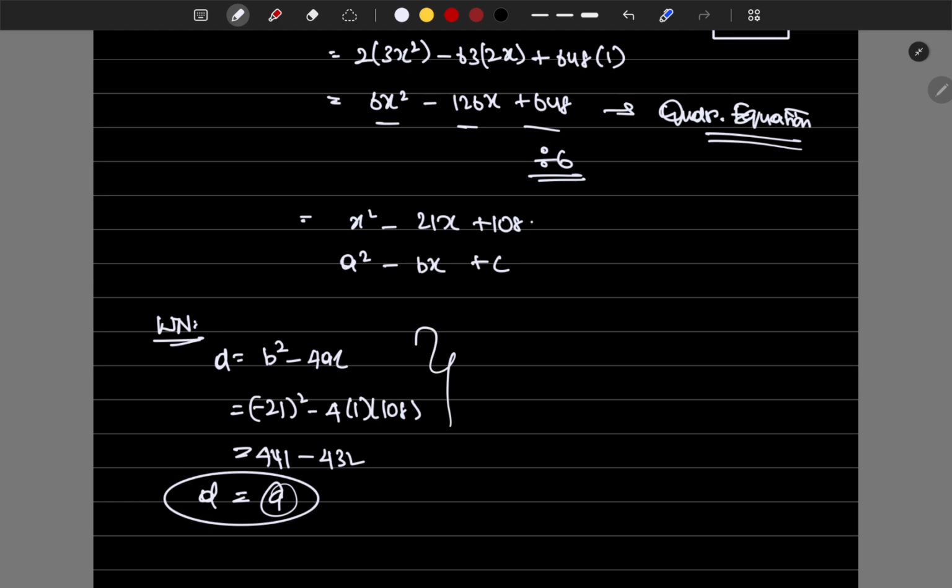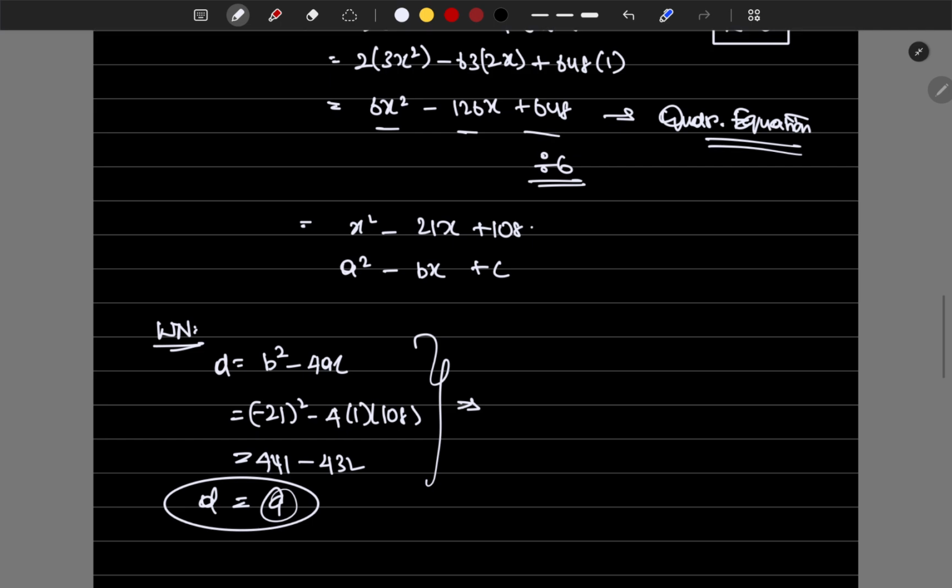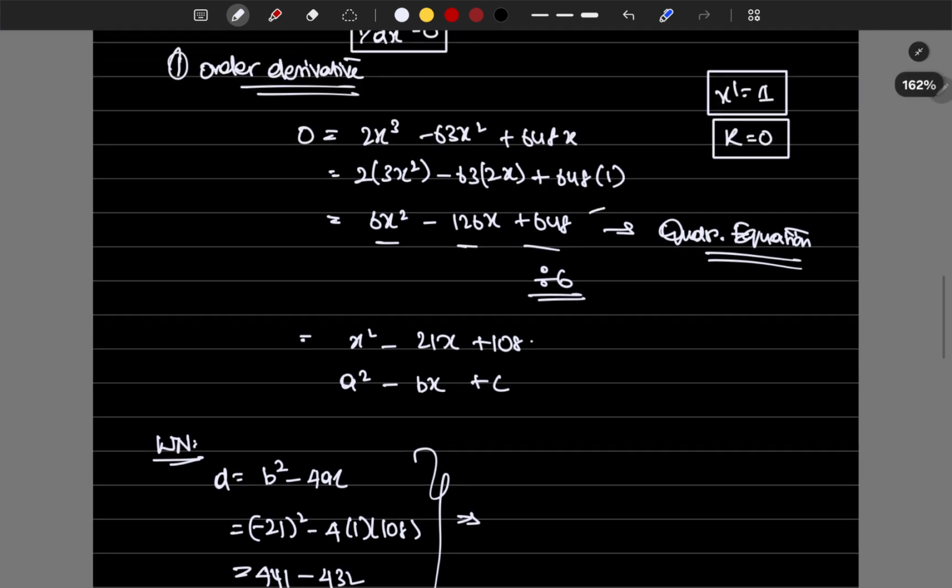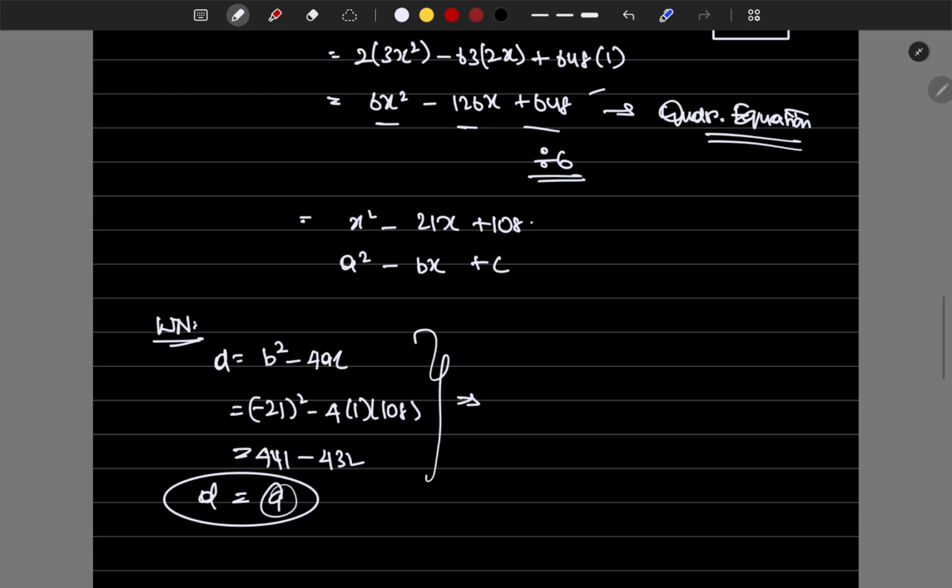So using this discriminant value, we are going to apply it with the quadratic formula. The quadratic formula is x is equal to minus b plus or minus root d divided by 2a.